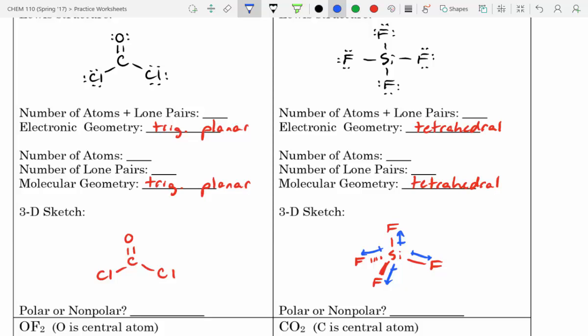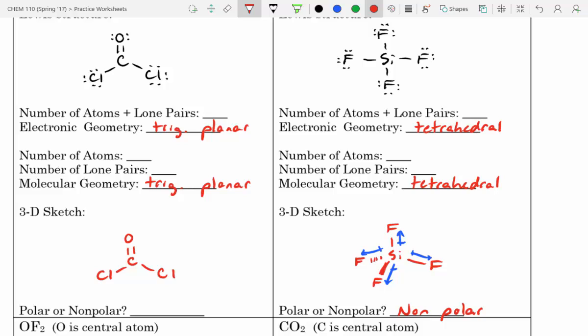Yeah, they're pulling in equal and opposite directions in a three-dimensional arrangement. So in order to predict whether or not a molecule has a net dipole, we have to know its overall shape, right? This isn't square, it's not flat, it's actually arranged in a tetrahedral layout. So this would be nonpolar. Not too bad. Let's do the next one.